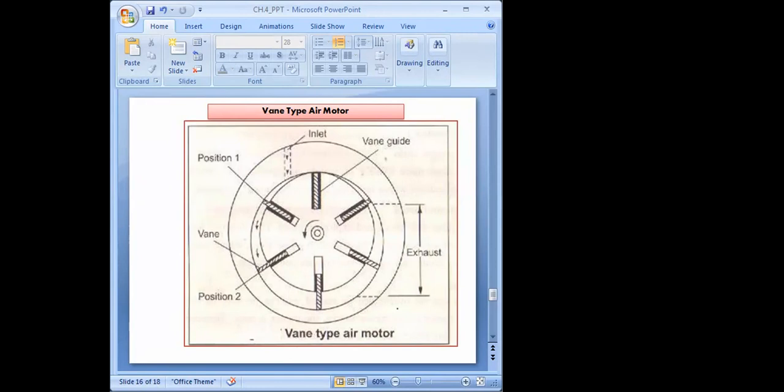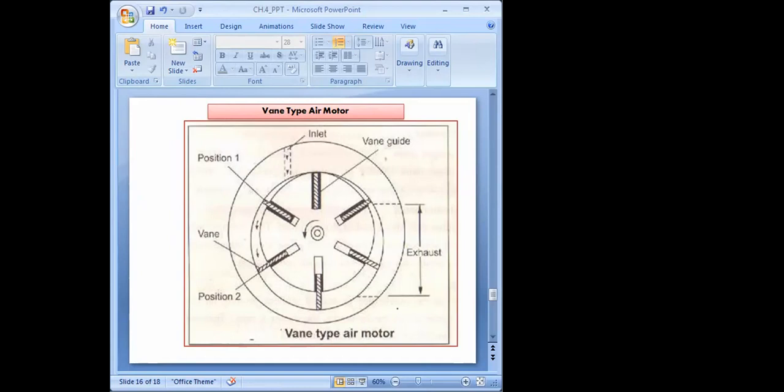Getting it? So once again, the rotary element is your slotted rotor, which is mounted on this drive shaft. Each slot of the rotor is fitted with a freely sliding rectangular vane.